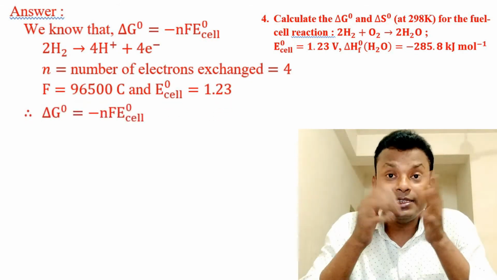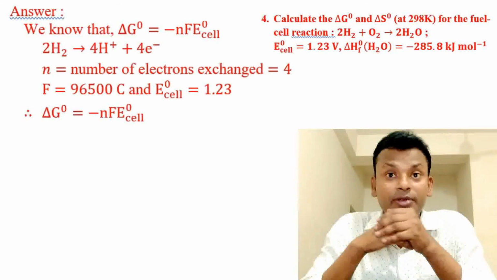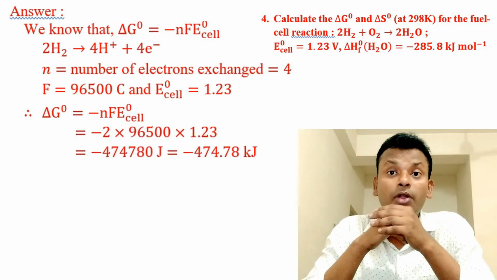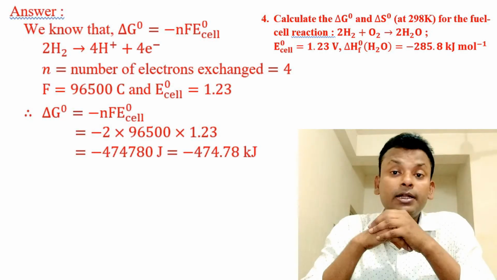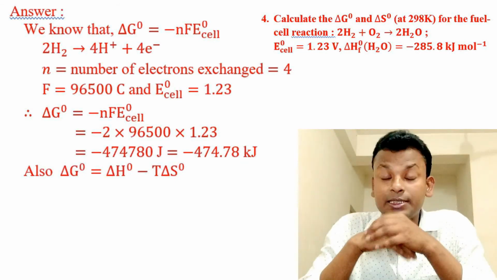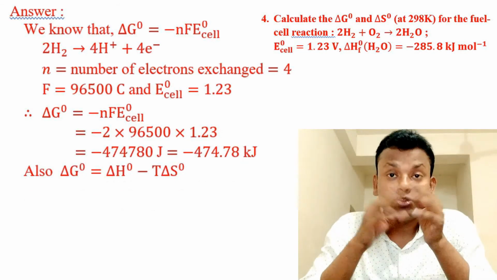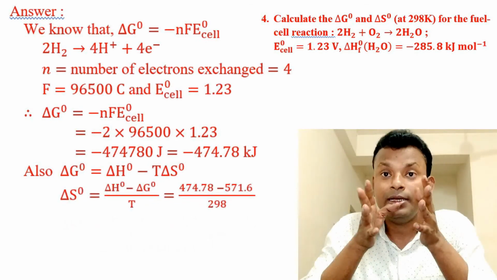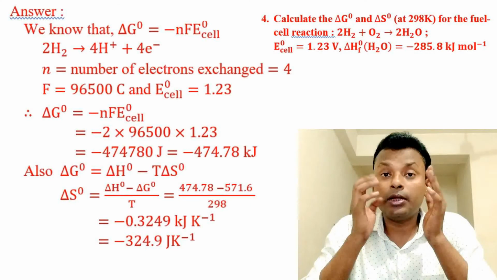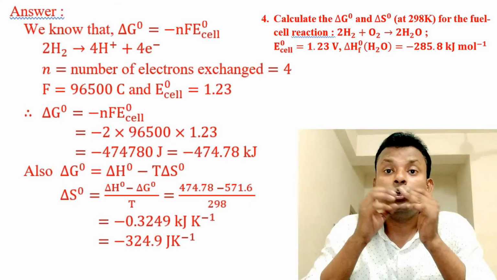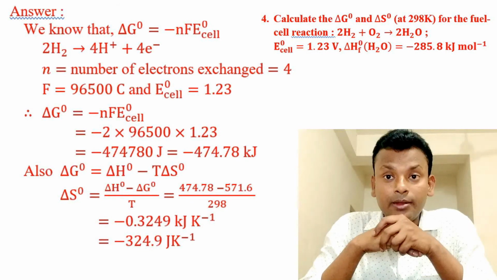So del G0 equals minus nF E0 cell, and putting all the values, it gives minus 474.78 kilojoule. Also del G0 equals del H minus T del S0. So del S equals del H0 minus del G0 by T, putting all the values, del S0 equals minus 324.9 joule per Kelvin.